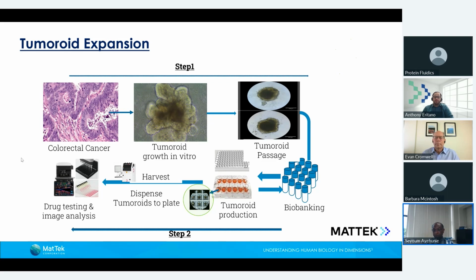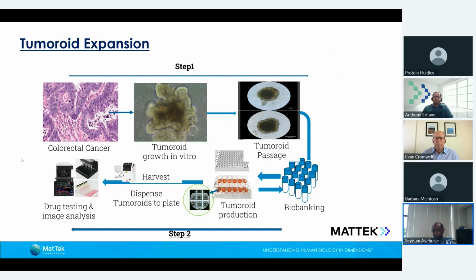Then we expand them by passaging them a couple of times, so that they don't change their phenotype. So we are talking about low passage tumoroids. Once we expand these cells, we create a biobank, and that biobank will help us to generate more tumoroids.